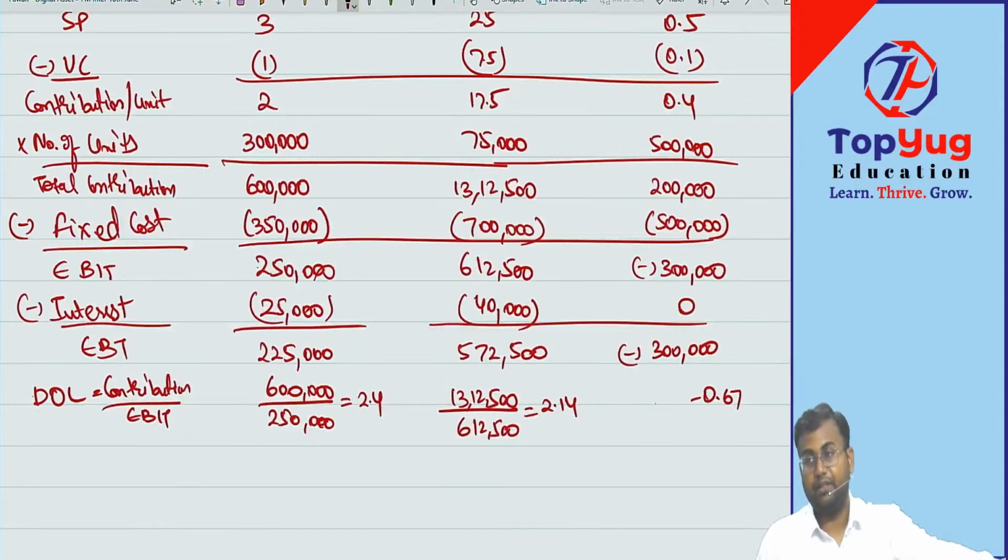So can you see it is operating leverage is getting negative or less than 1 only in the cases of loss. And it is very obvious also here denominator is more than the numerator, so it will come less than 1.